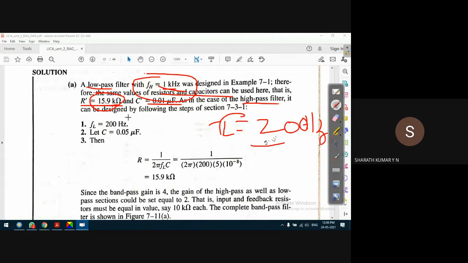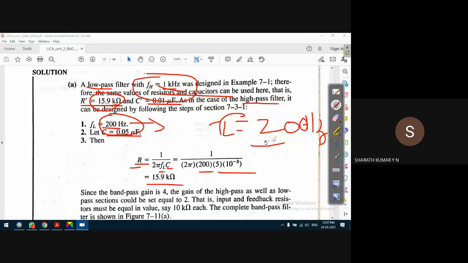For the high pass filter with a frequency of 200 hertz, C is first assumed to be a standard value, that is 0.05 microfarad. From this formula, FL is known, 200 hertz, and C is assumed, so we can find the value of R. R is 1 by 2 pi times the frequency of 200 hertz times 0.05 microfarad.